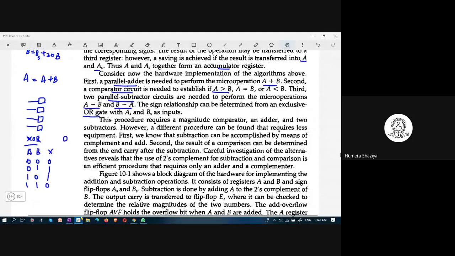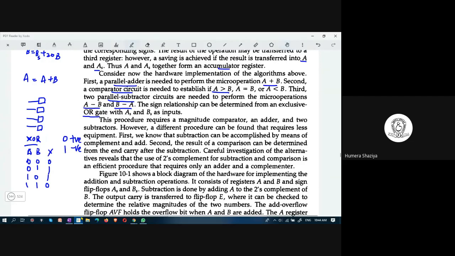If a number is positive, you write 0. So 0 is positive. If a number is negative, you write 1. If both the numbers are positive, 0, 0, the result will be positive, 0.